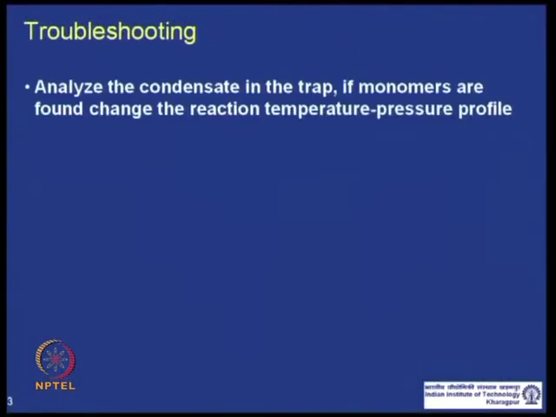Now, while distilling off the condensate byproduct, you must be collecting it in a trap. At the end of the reaction, analyze the material in the trap and see whether you find any monomers in there.